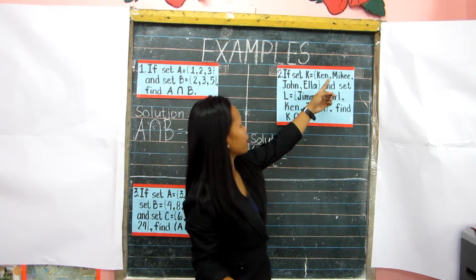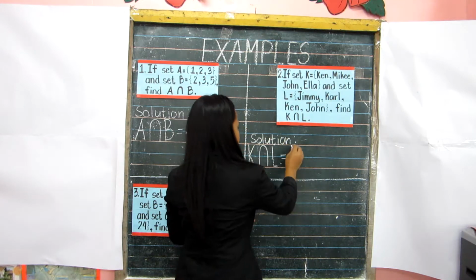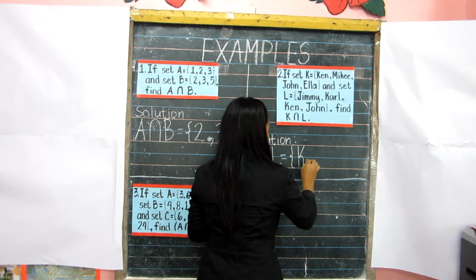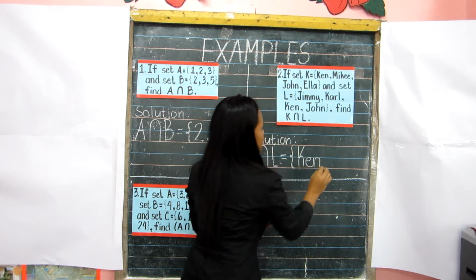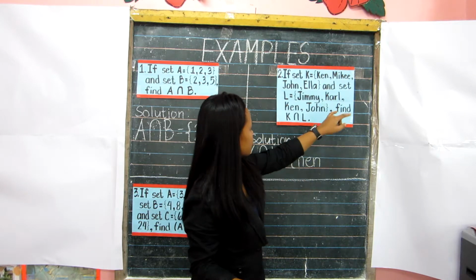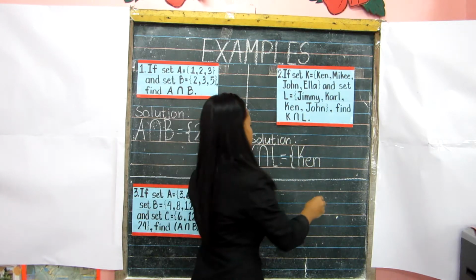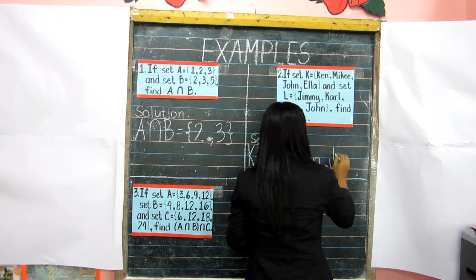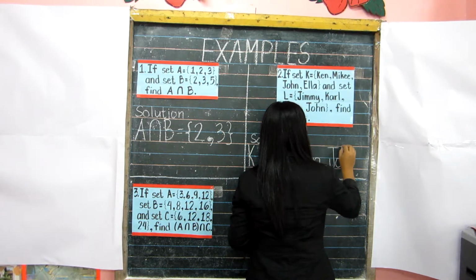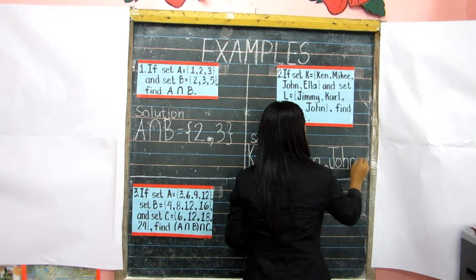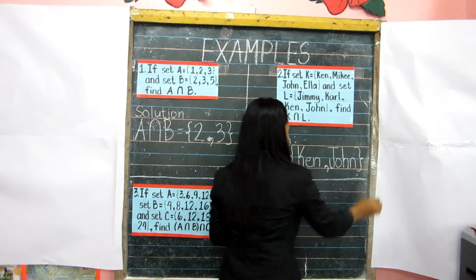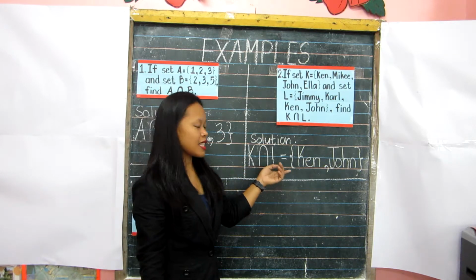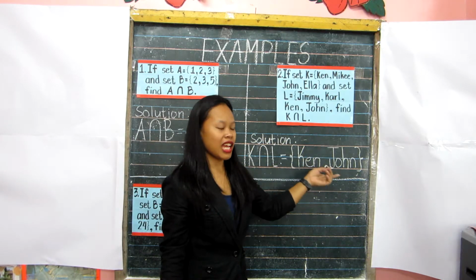We have Ken and John. Therefore, our K intersection L has the elements Ken and John.